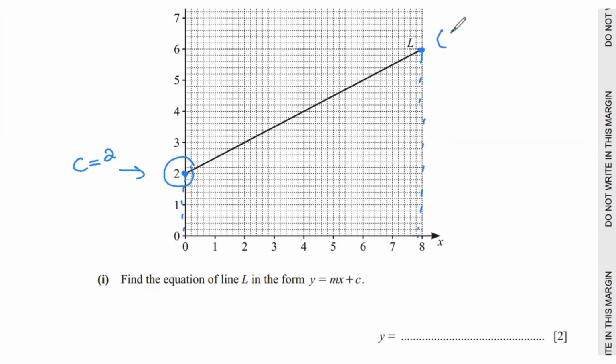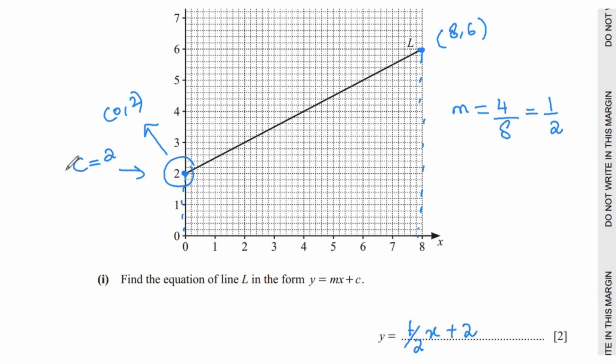This is 8, 6 and this is 0, 2. So the rise is 4 and the run is 8. So m is 4/8, which is 1/2. So y equals 1/2 x plus 2 is our equation in the slope-intercept form.